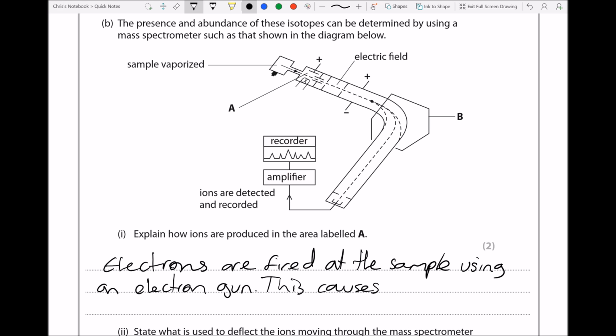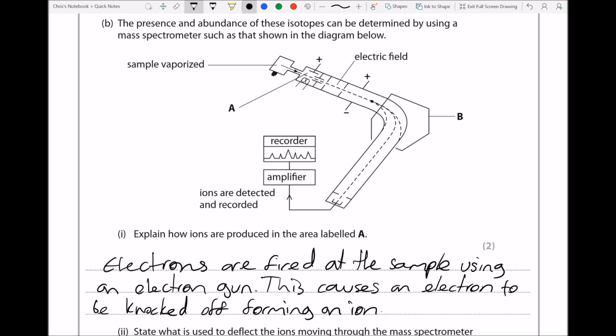So we need to say that this causes an electron to be knocked off, forming an ion. Okay, so you get your 2 marks there. 2 sentences, 2 marks. So, okay.